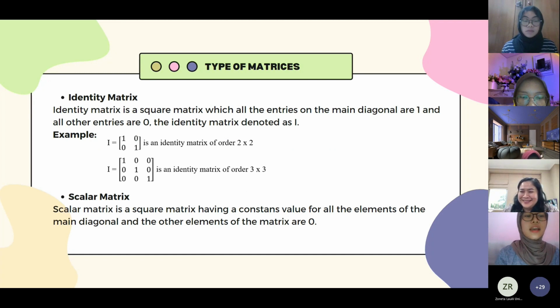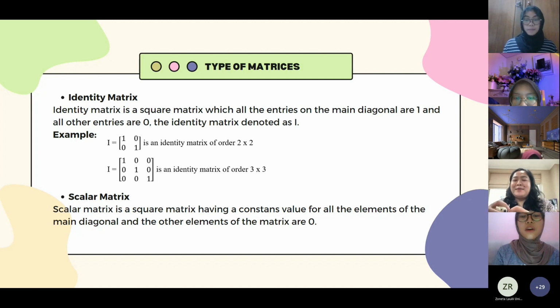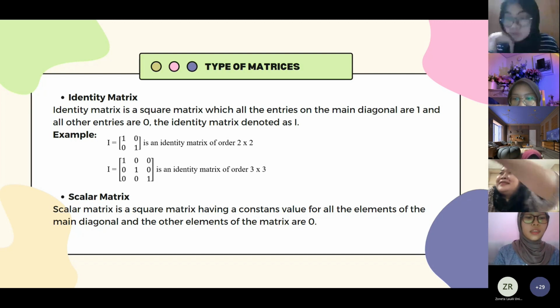An identity matrix is a square matrix in which all the entries on the main diagonal are 1 and all other entries are 0. The identity matrix is denoted as I. For example, like this, the first example is an identity matrix of order 2 by 2, and the second example is an identity matrix of order 3 by 3.